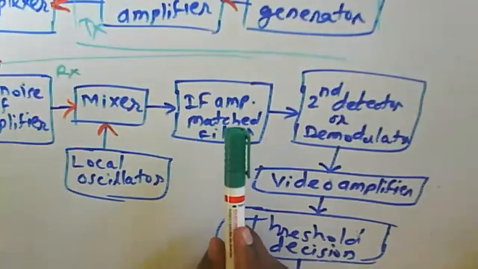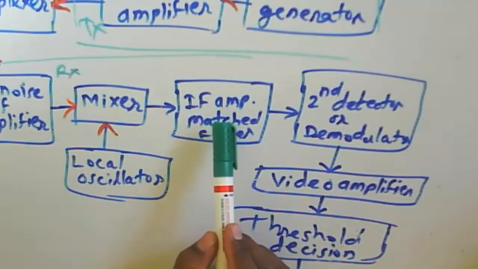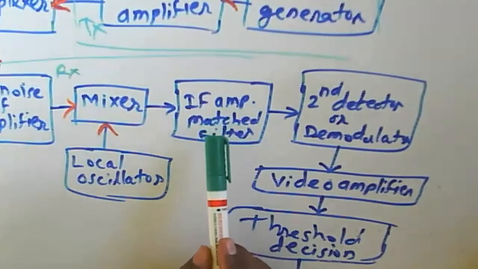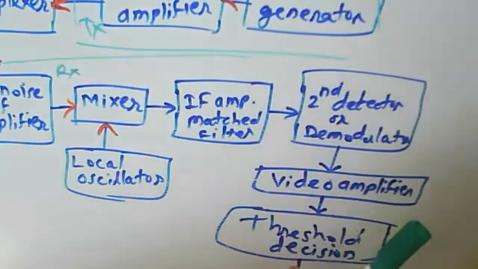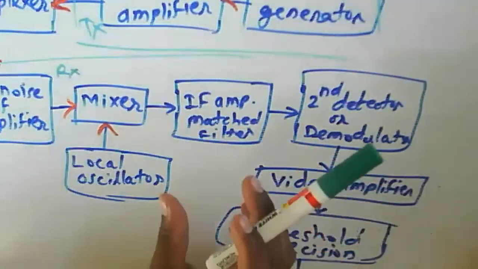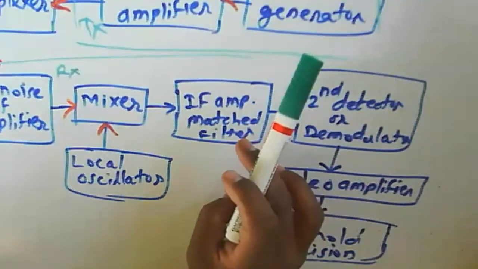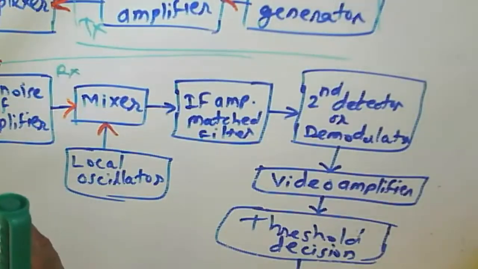Generally we consider the IF amplifier, which is supposed to provide that particular band of signal, and the role of the filter is to check whether the IF amplifier is designed for that particular band of frequency or not.